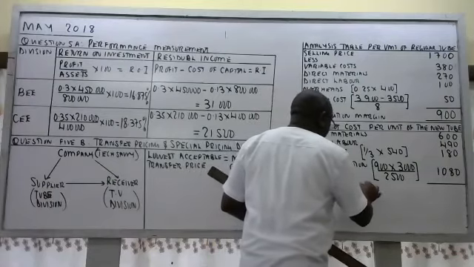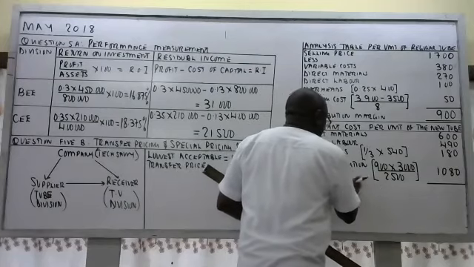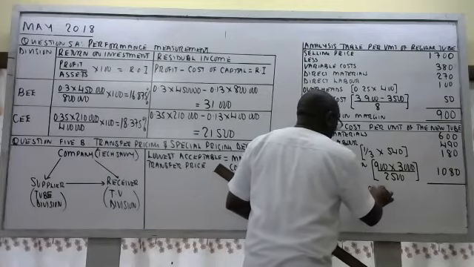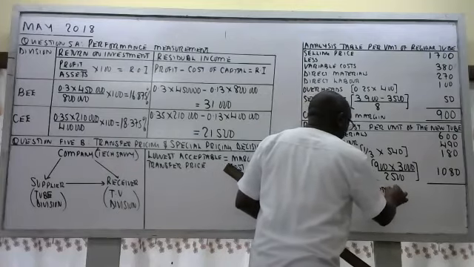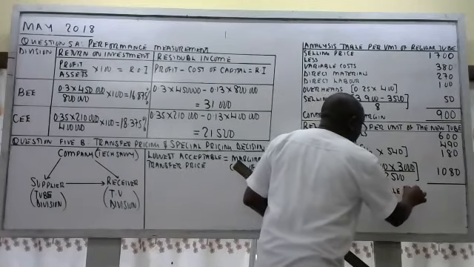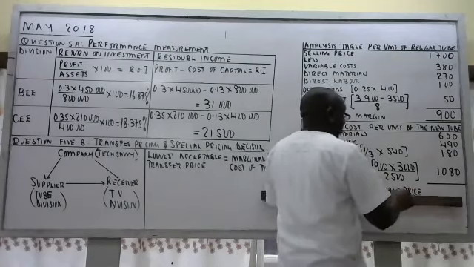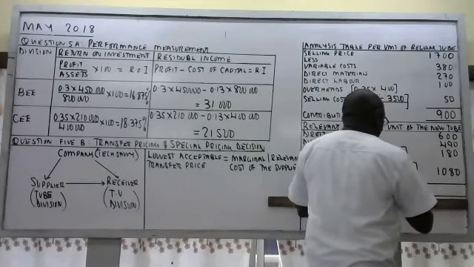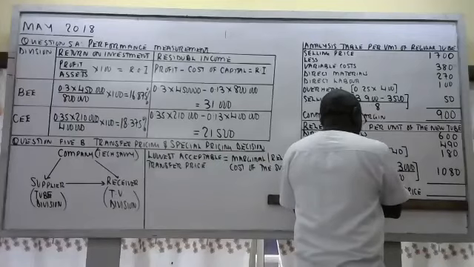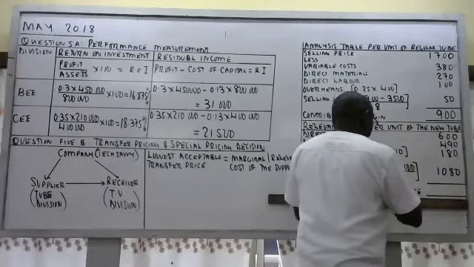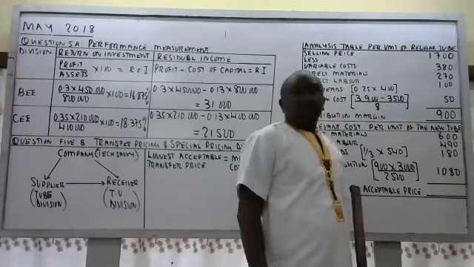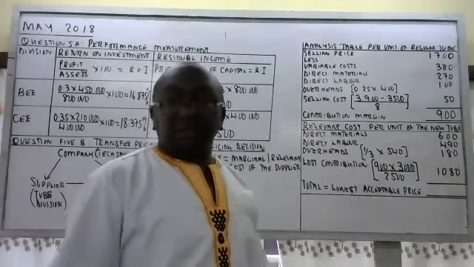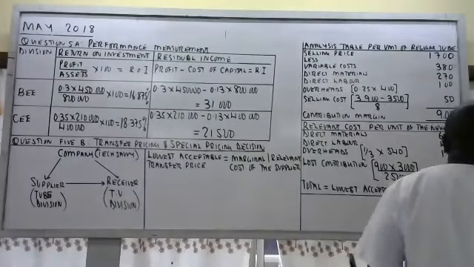It is the lowest acceptable price. So give me that figure. $23.50. You can say John, Royce, and Eric. $23.50.